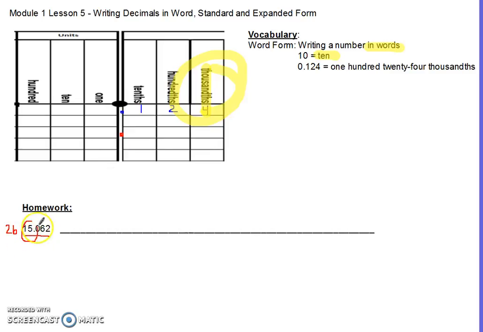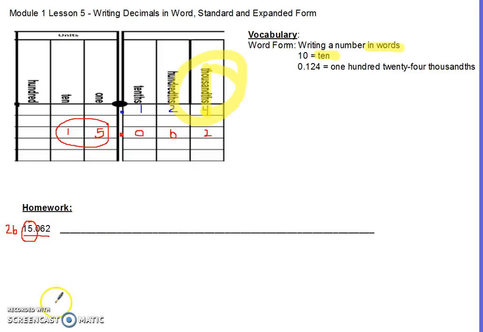To the left of my decimal, I have 15, so I'm going to fill that in. I have 1 ten and 5 ones. Then to the right of my decimal, I have 0, 6, 2. So I'll fill that in: 0, 6, 2.